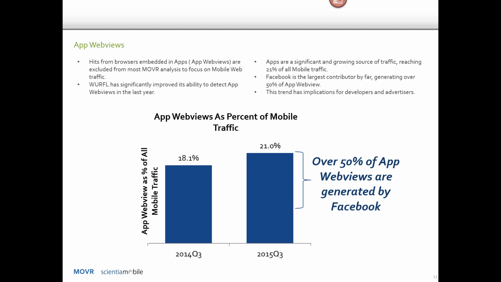So we've seen quite a lot of blog posts and articles on the web lately about mobile web increasing in usage compared to native applications, and this might be one of the reasons.